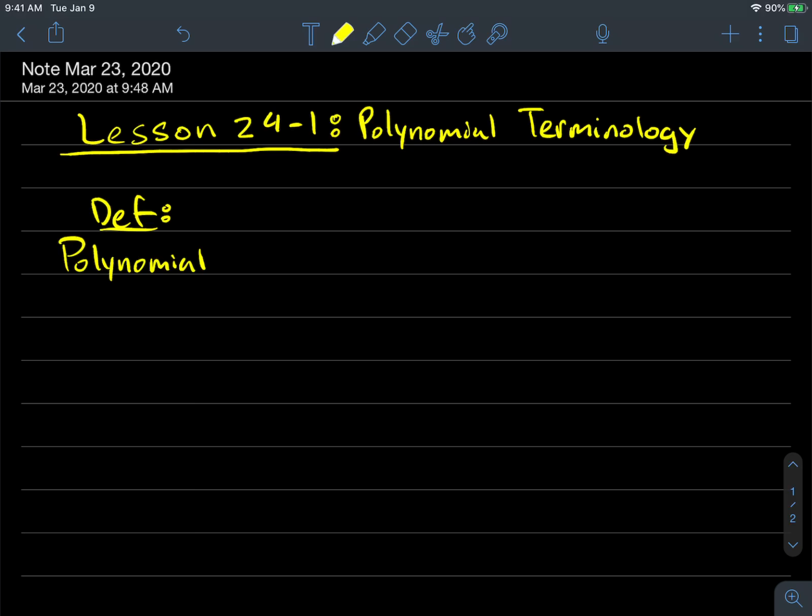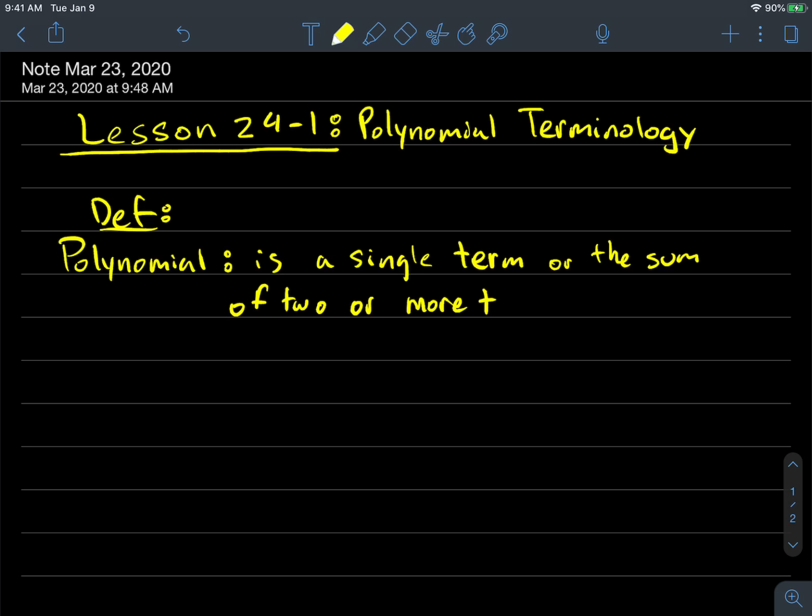A polynomial is a single term or the sum of two or more terms with whole number powers. So the whole number powers part is really important.